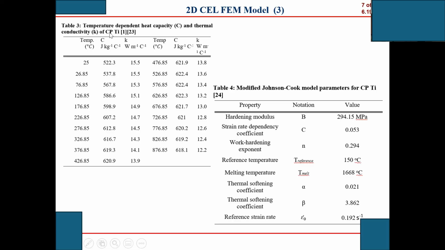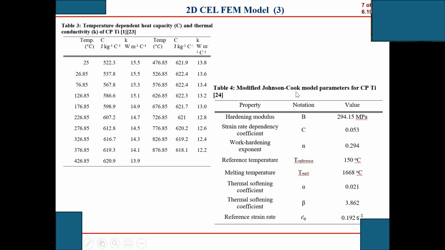Here the heat capacity is temperature dependent, so you need to enter all these things, because in machining the temperature is changing. These are the heat capacity and thermal conductivity, and they need to be entered also, not just using constant values.